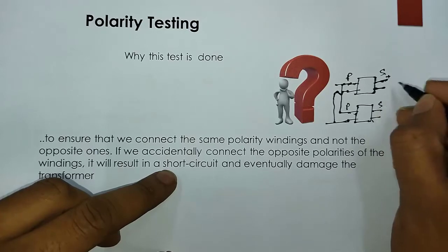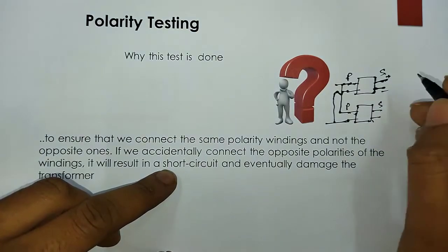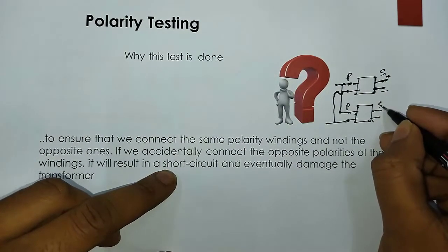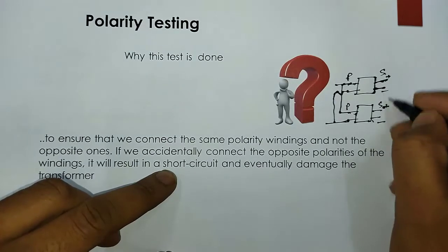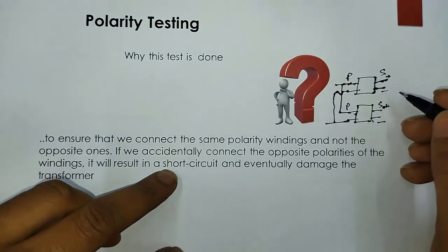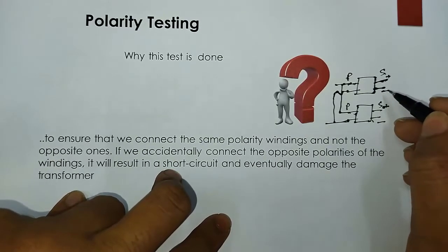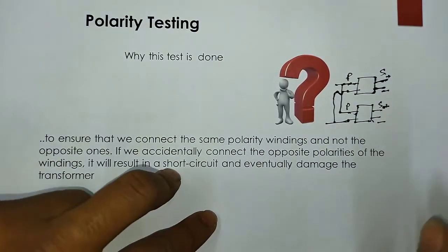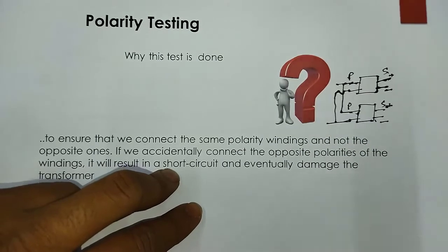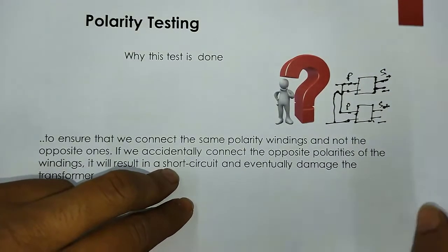Let's say this is plus and this is minus, and this is plus, this is minus. What will happen if we connect these two terminals? Before that, I don't know which terminal is plus and which is minus. That's why I have to do the polarity test. Okay, let's go to the next slide and I will explain this.